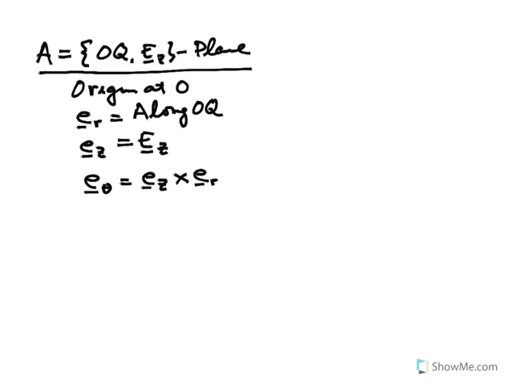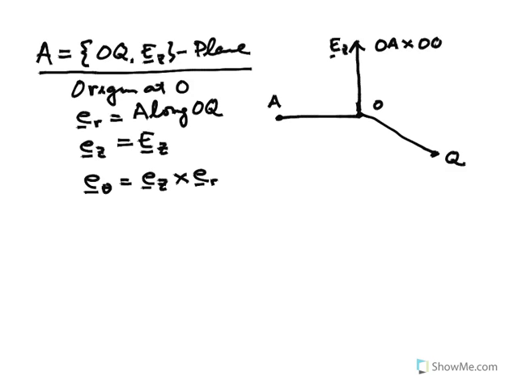Now here's that plane. So here is the direction OQ. So there's O and then there's Q out here. And then this direction here is EZ. And it also turns out that this direction is, because if we move O over to the other side, we put O here, then suppose that point out here is A. Then if I take OA crossed with OQ, I also get this direction, which is OA crossed with OQ.